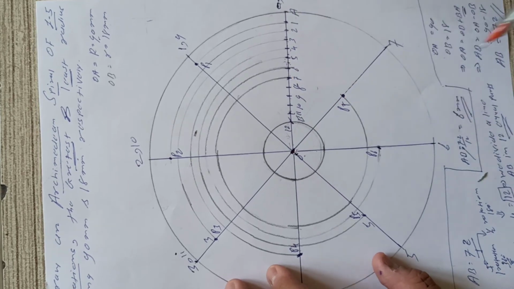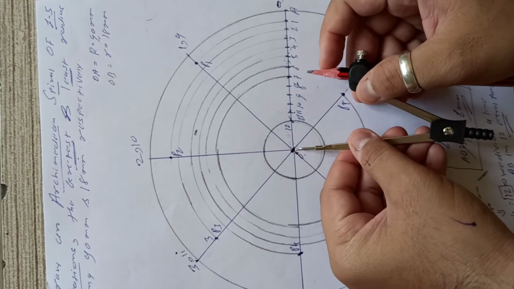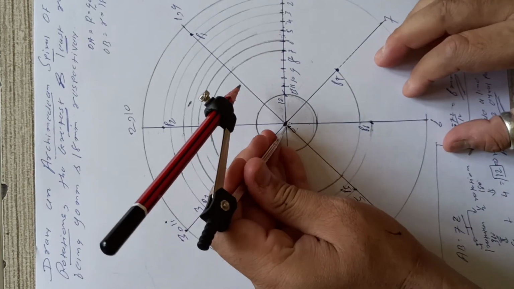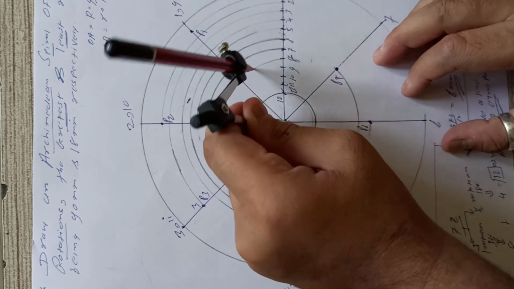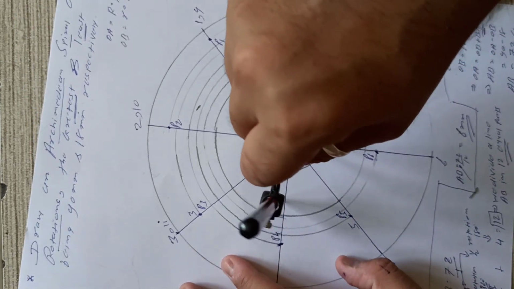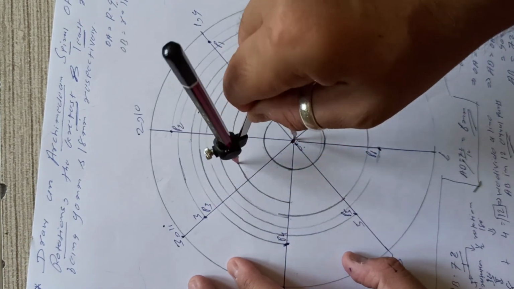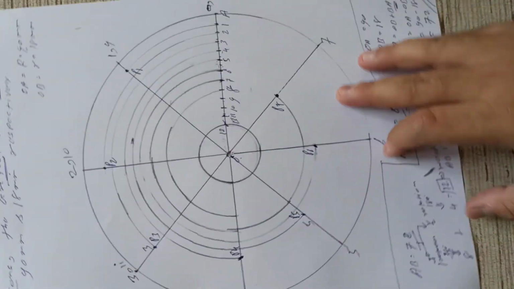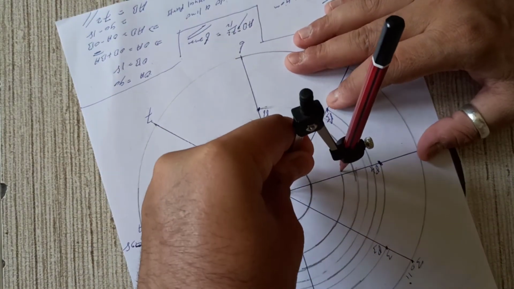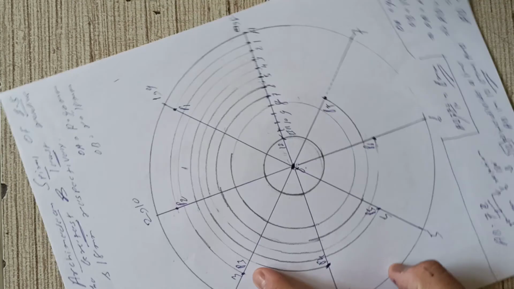Okay, here we draw O center, radius O-8. Sorry, O center 8 radius, and draw a circle.